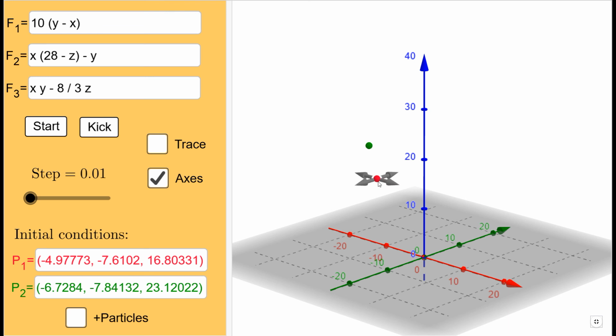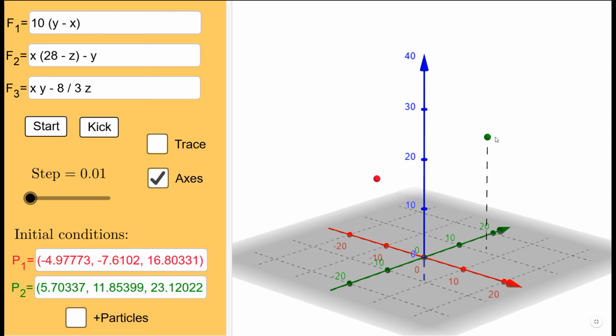And I have a couple of points here that we're placing. I can place them sort of anywhere I want. There's one in the first octant. Here's one over here. Okay, and I can start this in motion, and we can see what they're doing. Let's go ahead and trace where they're going.